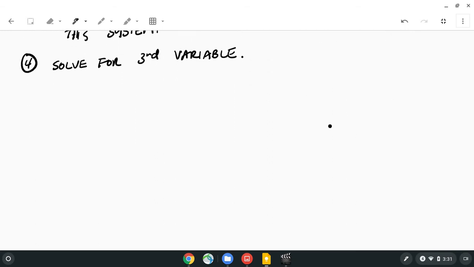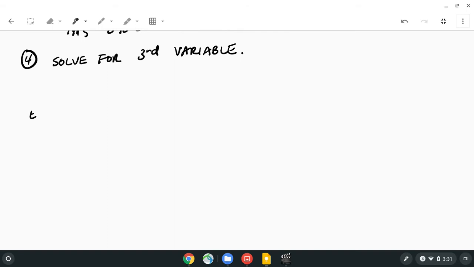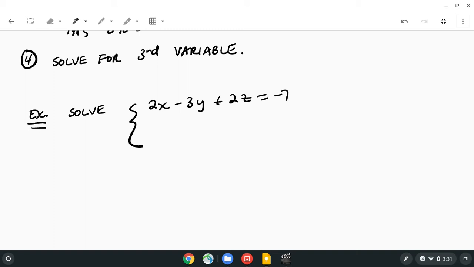Okay, so let's take a look at this one. Let's go ahead and solve 2x minus 3y plus 2z equals negative 7, x plus 4y minus z equals 10, and 3x plus 2y plus z equals 4.